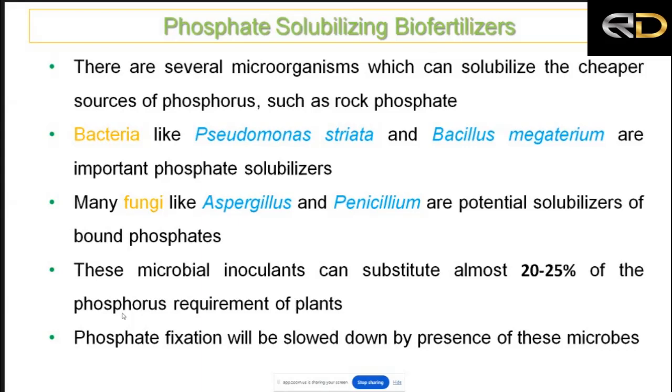Nowadays we have come to know that if we apply these phosphate solubilizers as biofertilizer, they help in breaking those bonds, and these microbial inoculants can substitute almost 20 to 25% of the phosphorus requirement of the plants. Simply by giving them, nothing else we have to do, they release the nutrients from the minerals. So this group of biofertilizer is also important.